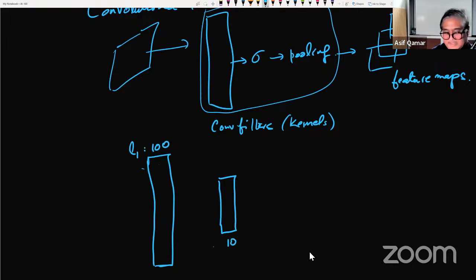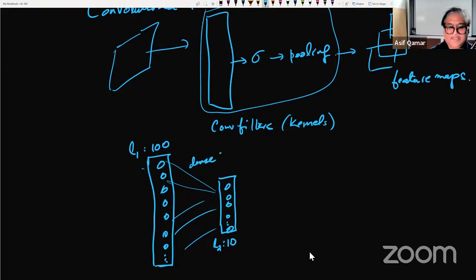L1 has 100, L2 has 10, with dense connections. How many weights will I have in between? 100 times 10. And then there will be 10 bias terms, before it produces this 10 output.